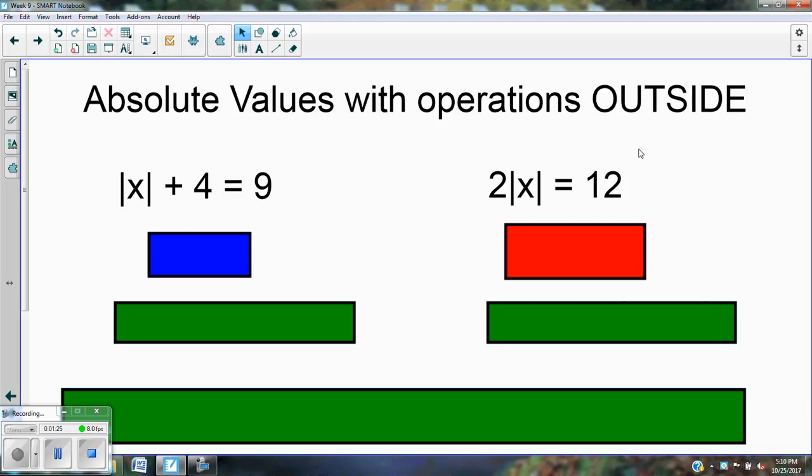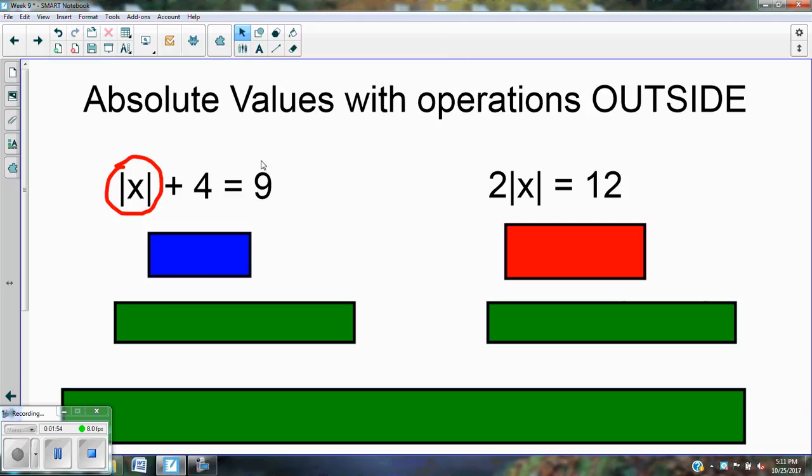When there are operations outside of your absolute value bars, we treat the equation pretty much just like we would an equation. So for example, if we're looking at the absolute value of x plus 4 equals 9. Some value right here, I'm going to put a little circle around this piece, some value plus 4 equals 9.